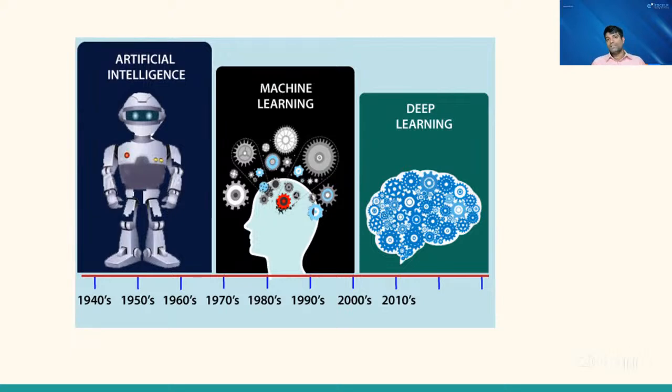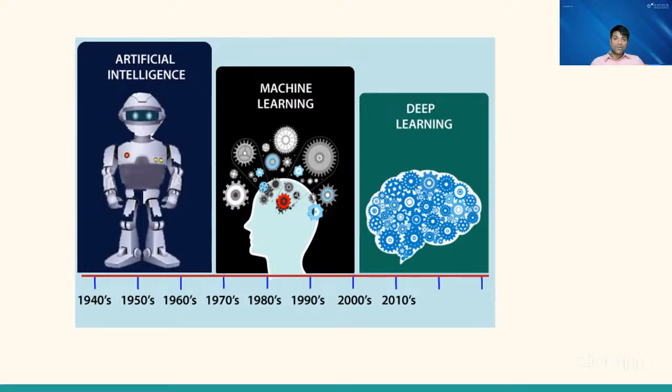Why did deep learning start? Deep learning is absolutely part of machine learning only. It started separately as a particular subset of AI because the data has actually increased. Since the data has increased, it is very important for us to train the machine with a huge amount of data.